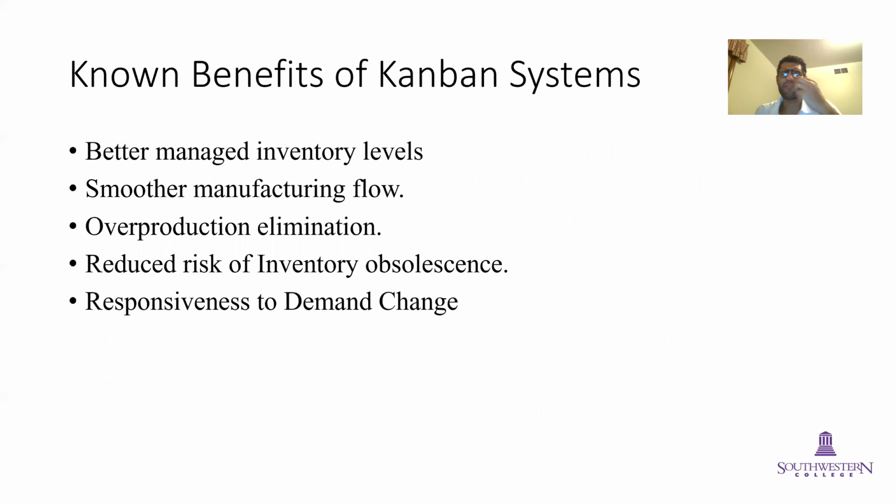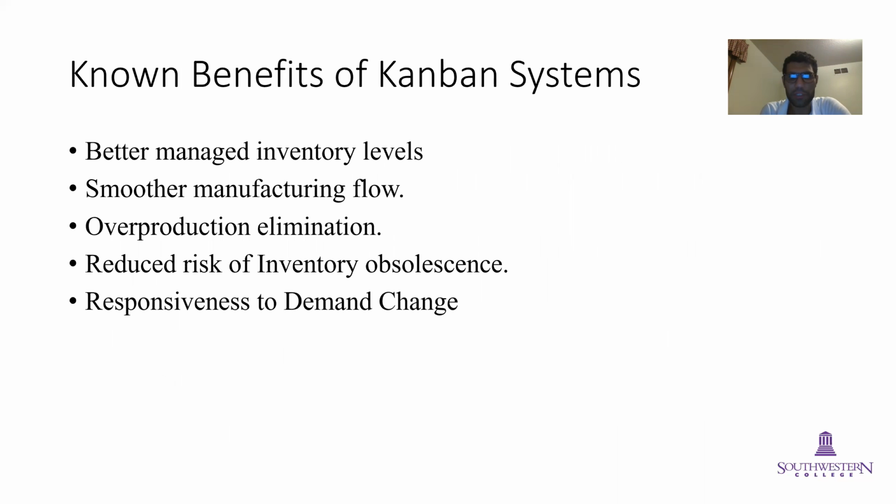Some very well-known benefits of Kanban systems are better managed inventory level. That's the major component. Again, you buy, you pull, you supply whatever is needed to meet the customer demand. Smoother manufacturing flow, because in Kanban system you will get rid of really large batches of material. Then you don't do overproduction.